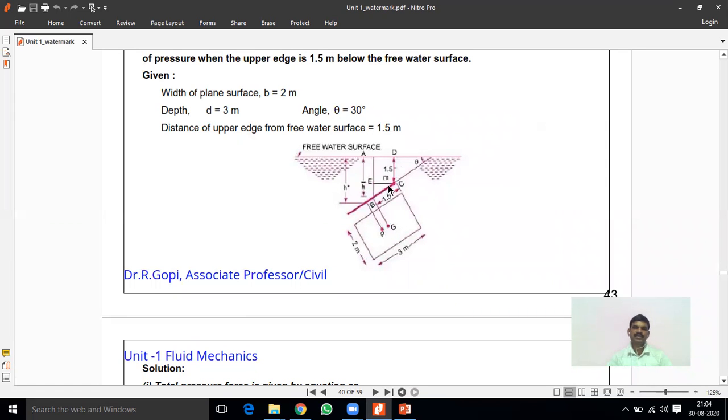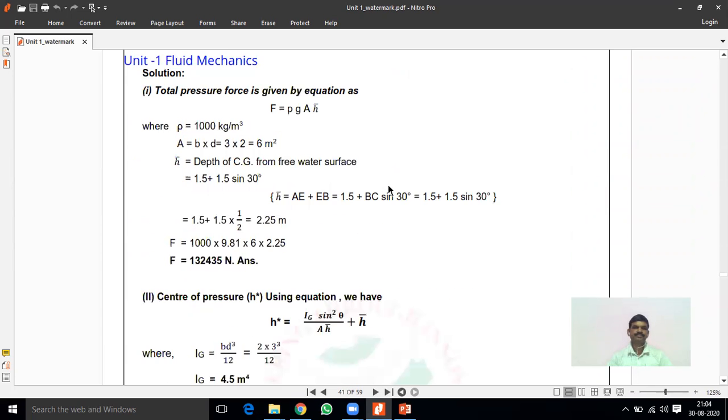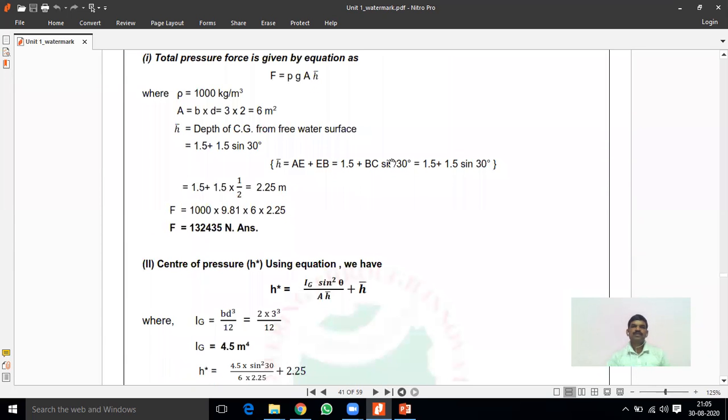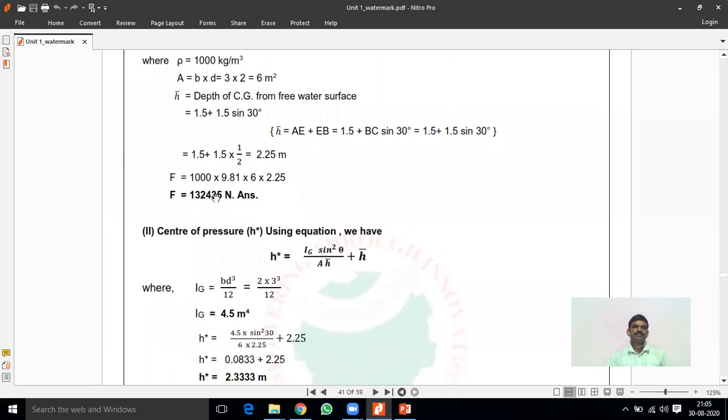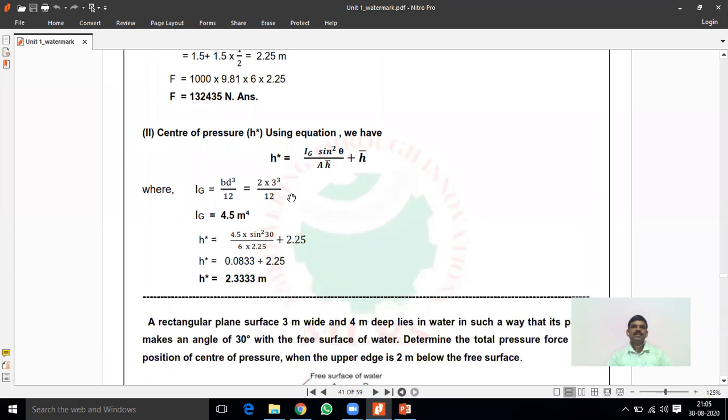So from this we can get h bar is equal to 2.25 meter. Okay. So therefore F is equal to 132.435 Newton. So in case of kilonewton, it is 132.435 kilonewton.